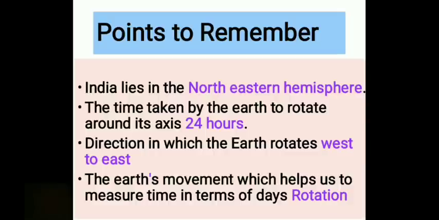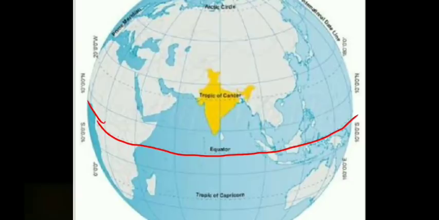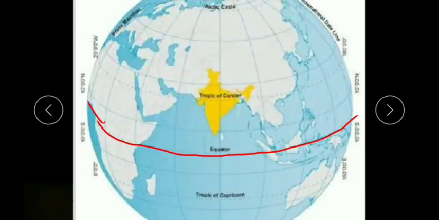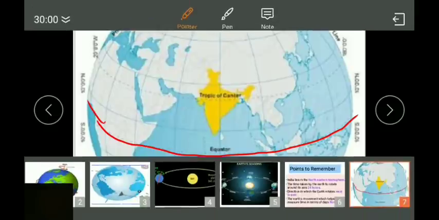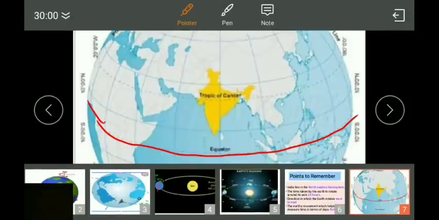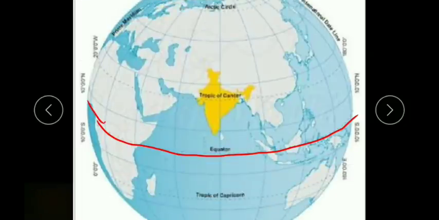India lies in the northeastern hemisphere. See this picture. You can see India here. Yes. The yellow color part. Now below that you have the line, this equator. We are above the equator.